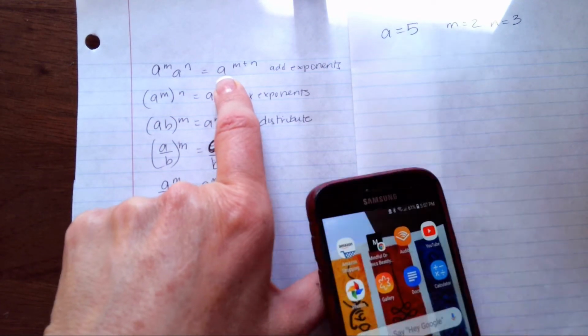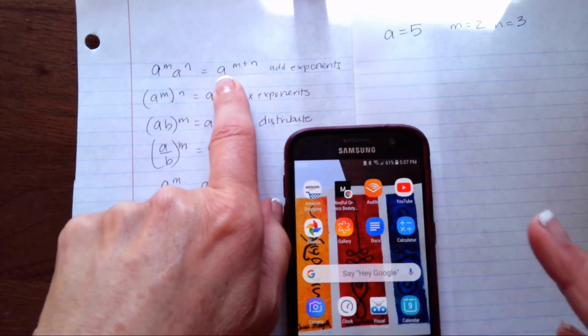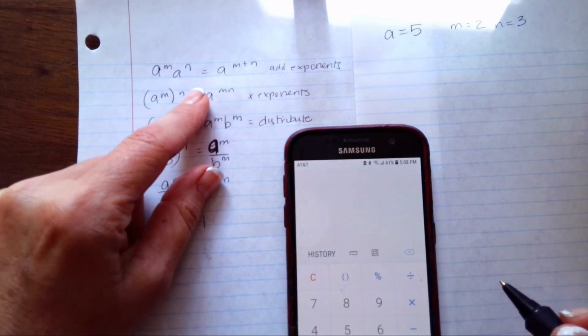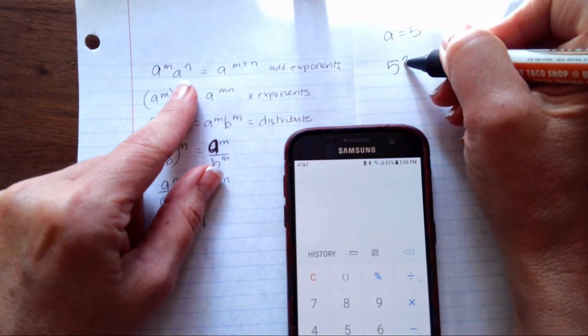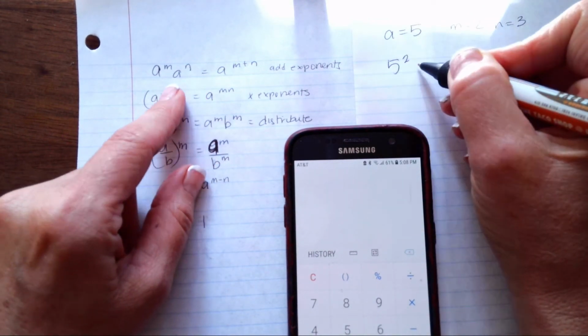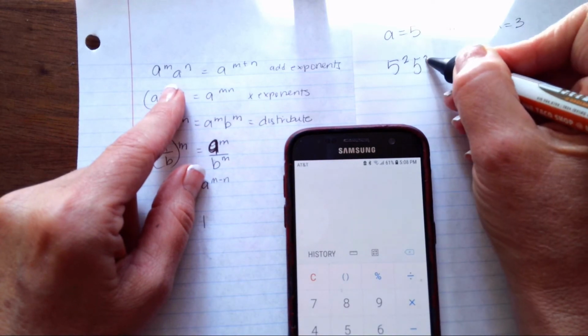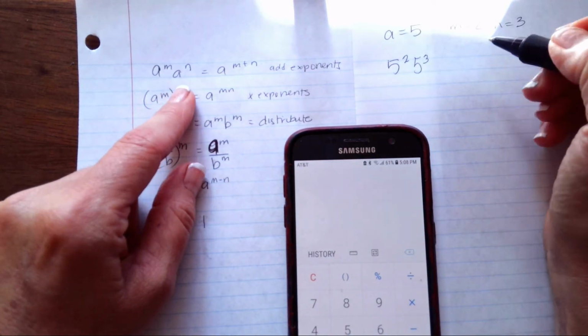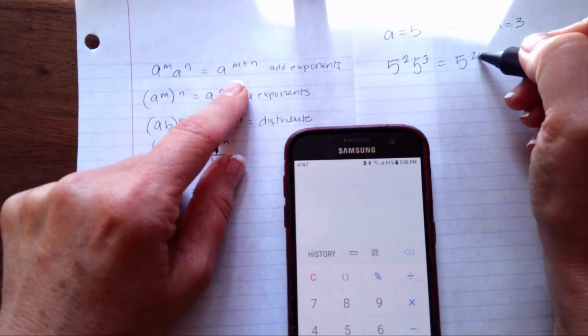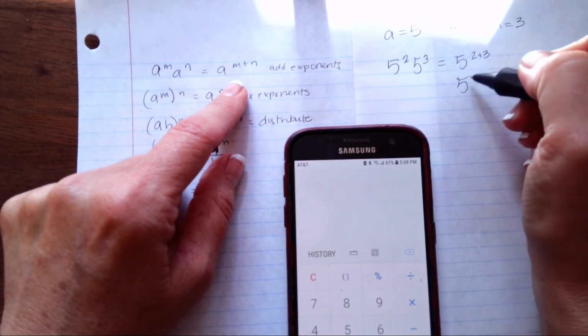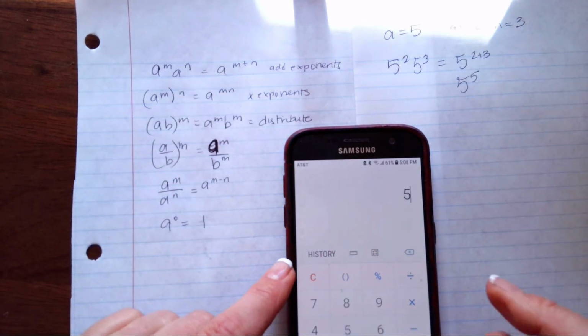Let me get my calculator ready. 5 to the second power and 5 to the third power. So we're going to do 5 to the 2 plus 3, which equals 5 to the fifth power.